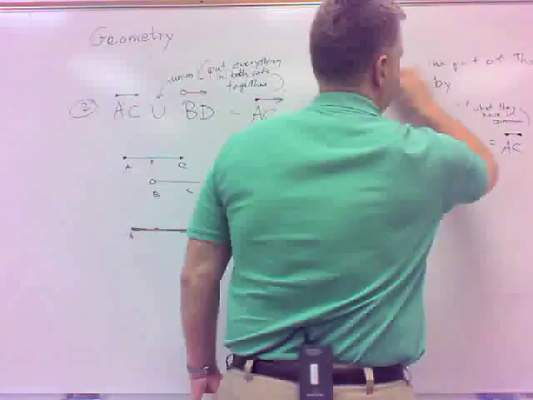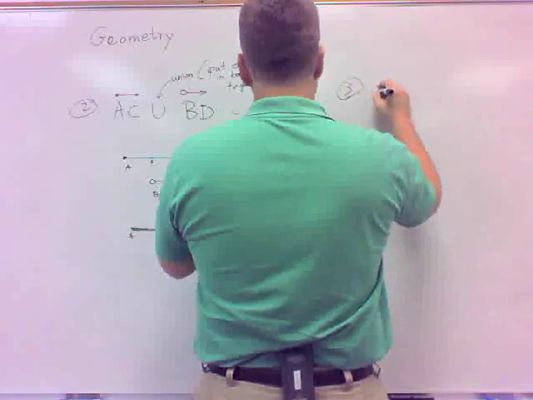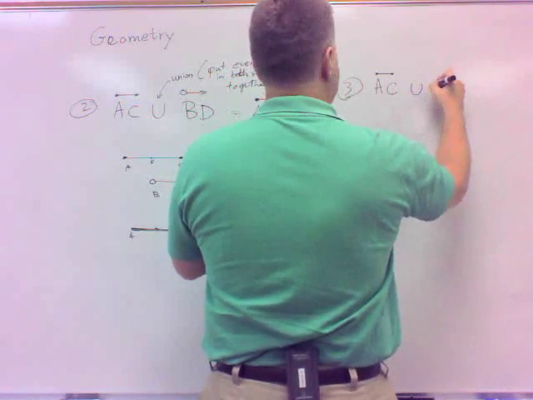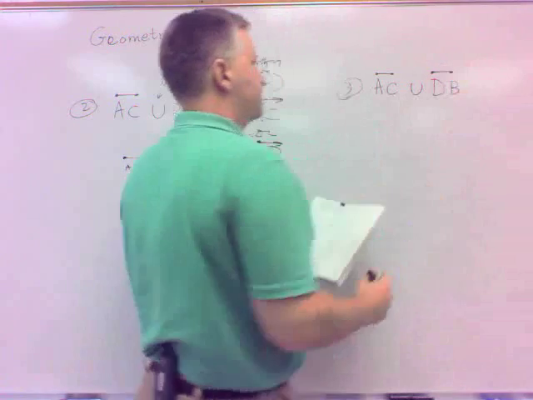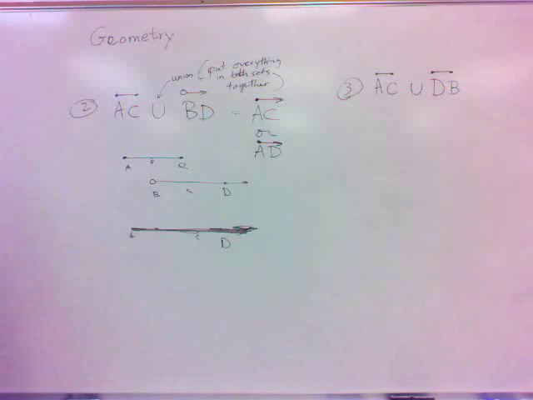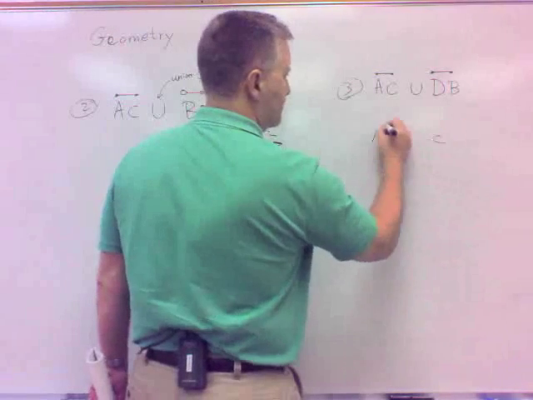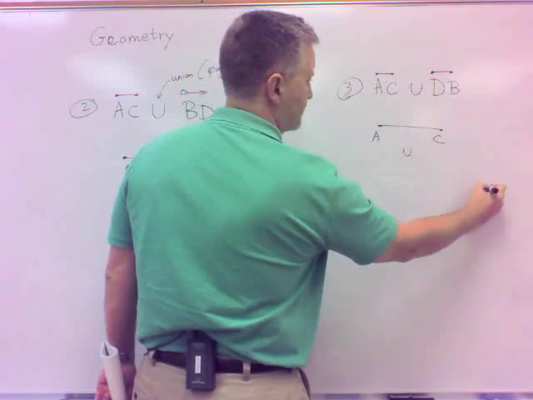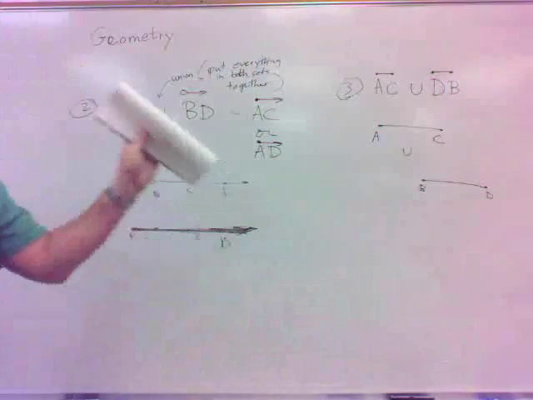All right, number 3. Number 3, we're going to call AC segment union segment DB. AC union DB, both segments. So I'm going to take everything in A to C segment-wise and union that with D to B. So union means put both of those together.